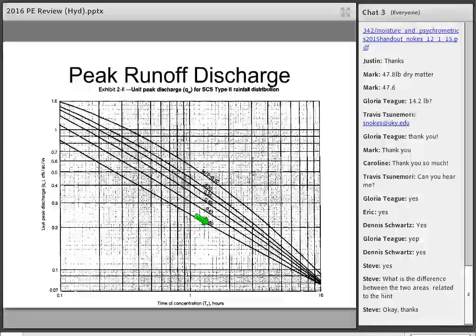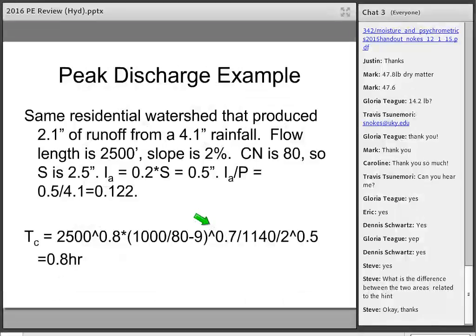Let's look at this calculation for a second. We'll use the same residential watershed, produce 2.1 inches of runoff from a 4.1 inch rainfall over a 300-acre watershed. Flow length is about a half a mile. Slope is 2%. Curve number is 80. So S, if you remember that from the curve number calculation, that's 2.5.